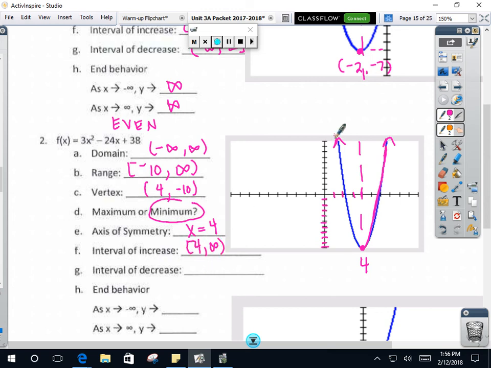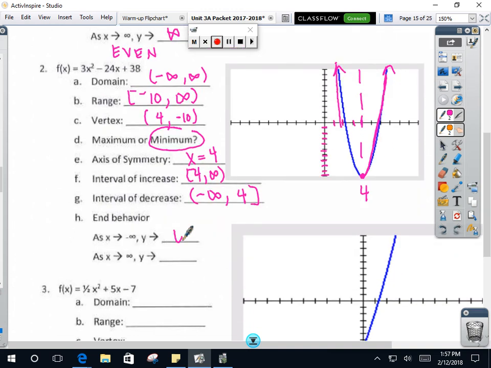Correct. And then over here it's decreasing, but we don't know when it started decreasing because it was way up here on the left, which is -infinity, until it got to that vertex at 4. And then both ends are behaving how? They're both going up, so positive because it's an even graph.